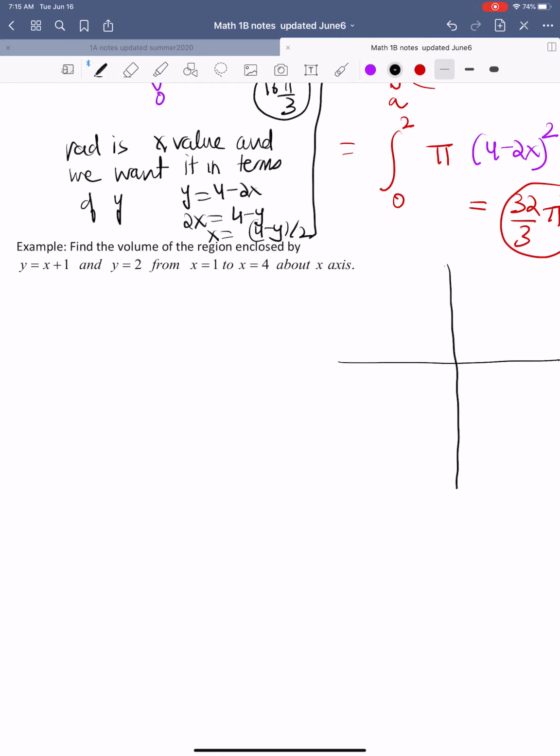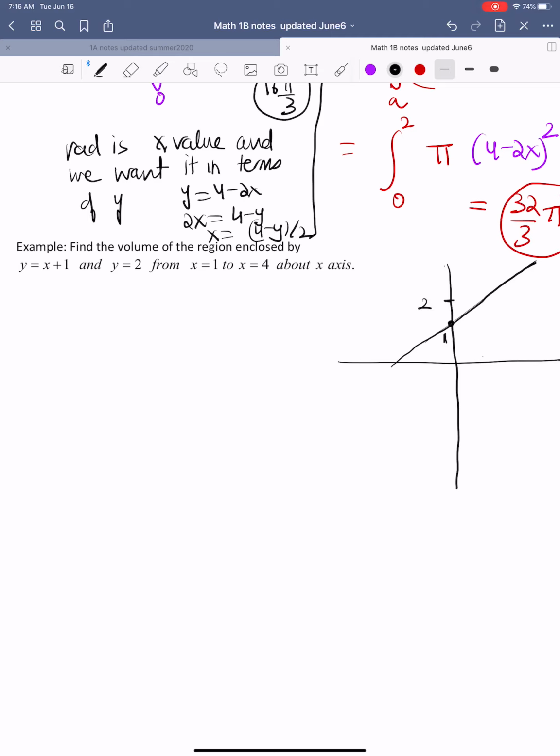y equals x plus 1, that is a line that looks like this, starting at 1, go up 1 over 1, right? Yep, line with the slope 1. This is the line. And y equal to 2 is here.